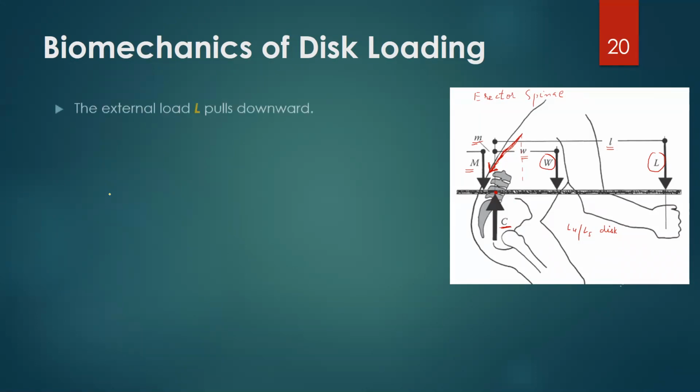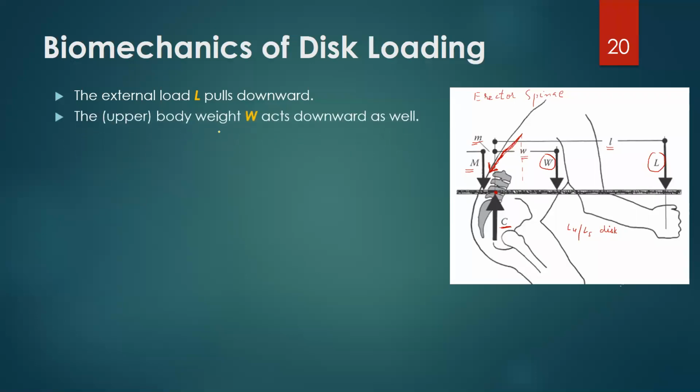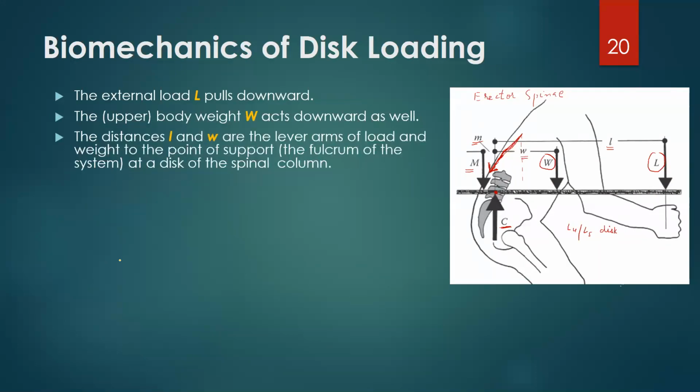So the external load L pulls downward, the upper body weight W acts downward as well. The distances small l and small w are the lever arms of load and weight to the point of support, that is the fulcrum of the system, that is a disc of the spinal column, in this case the L4, L5 disc.